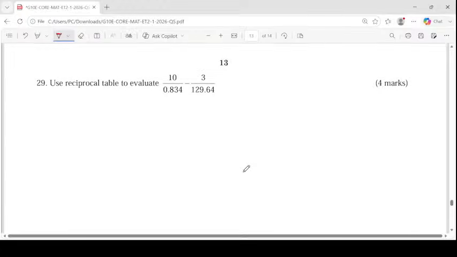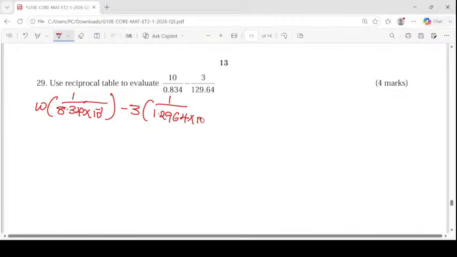Let us look at the next question. Use the reciprocal tables to evaluate this. So this will be 10 into 1 over 8.34 times 10 power 1, so power negative 1, minus 3 into 1 over 1.2964 times 10 squared.